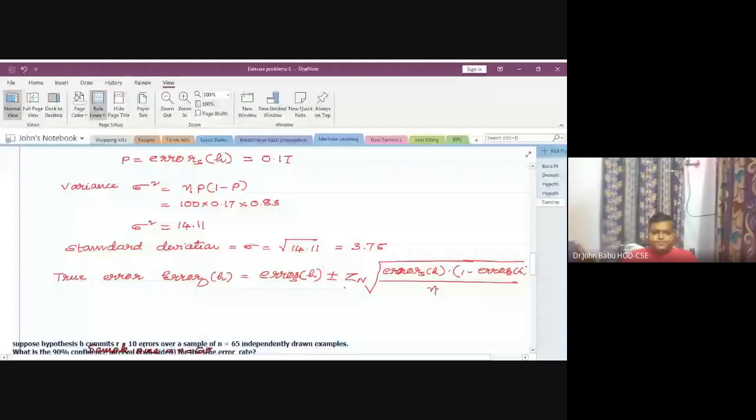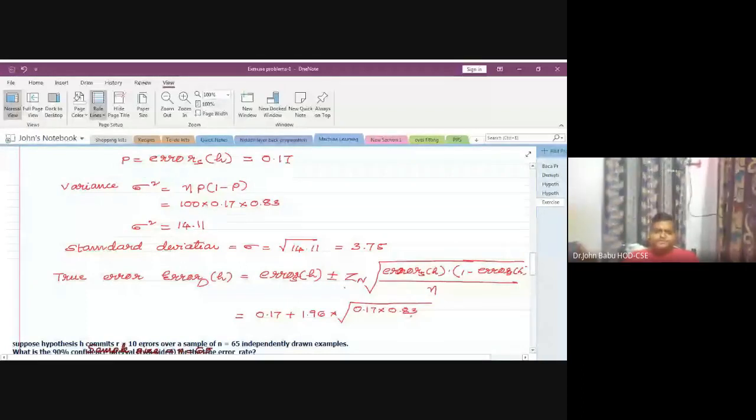That is equal to 0.17 plus Zn, we got for 95% confidence, it is 1.96, into square root of 0.17 into 0.83 by number of samples 100.